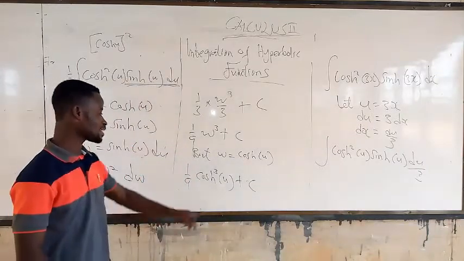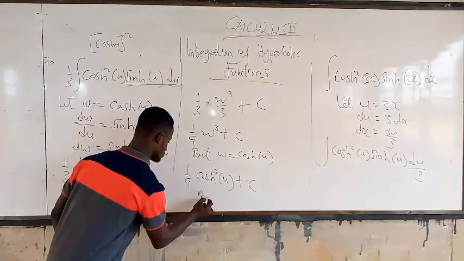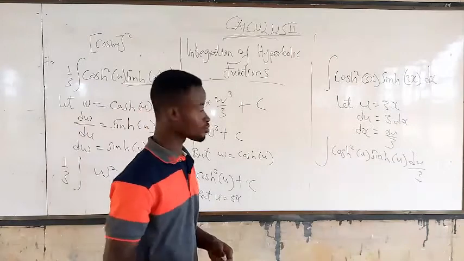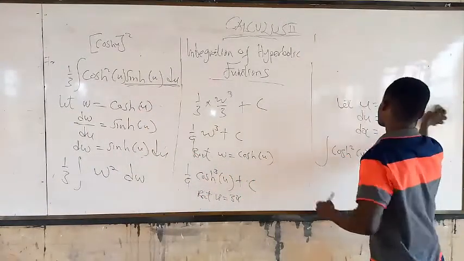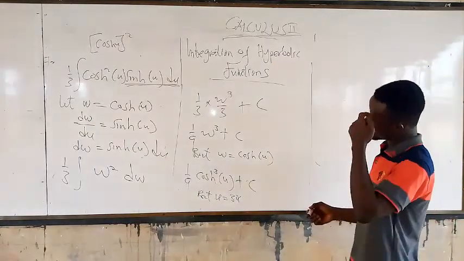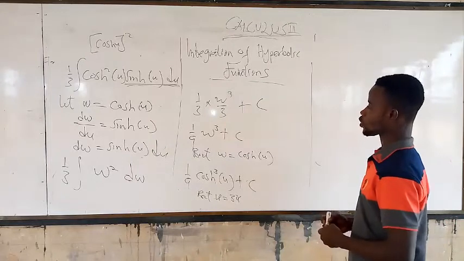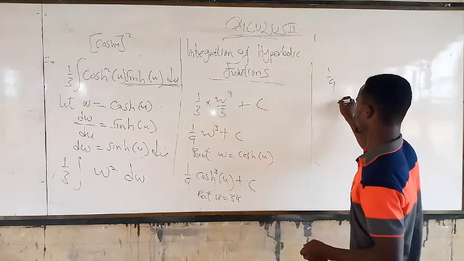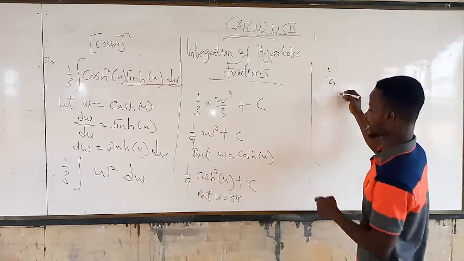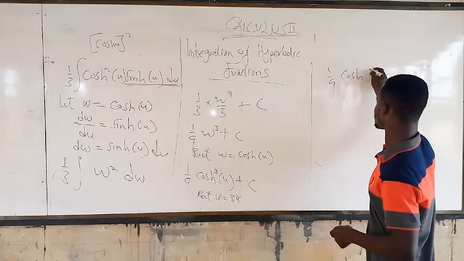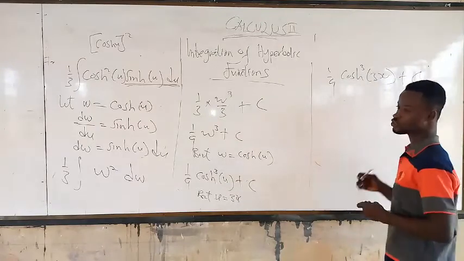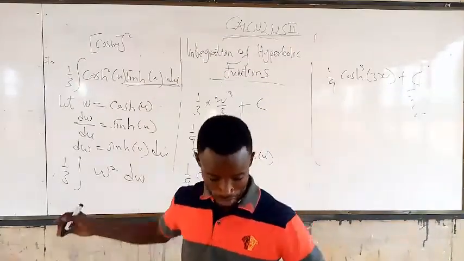But we also know that u is 3s. Therefore, by substitution, we can get 1 over 9 cos 3s to the power 3 plus c. So that's going to be the final result for that.